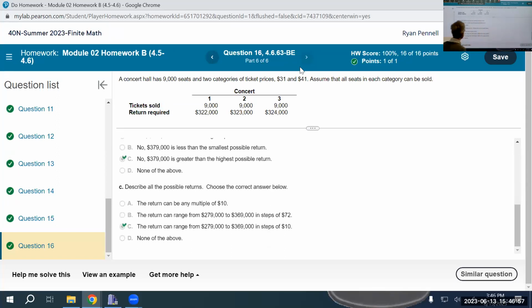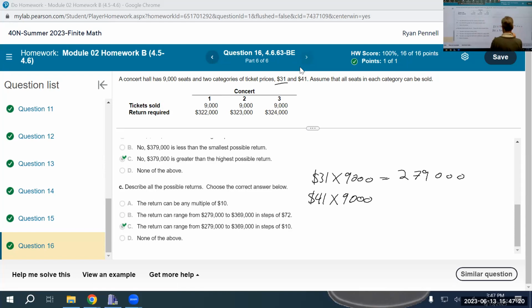And then part C, which I thought was kind of confusing: describe all possible returns and choose the correct answer. With my numbers, it's 31 times all of the seats and 41 times all of the seats. That's the minimum and the maximum.